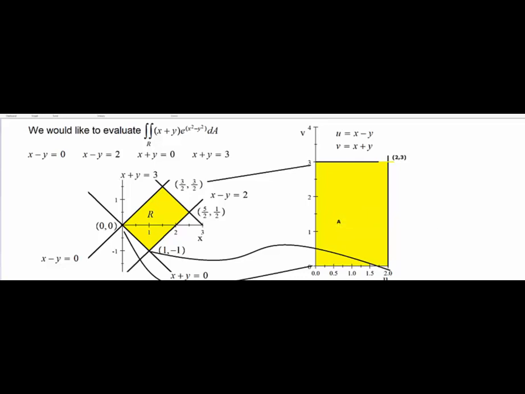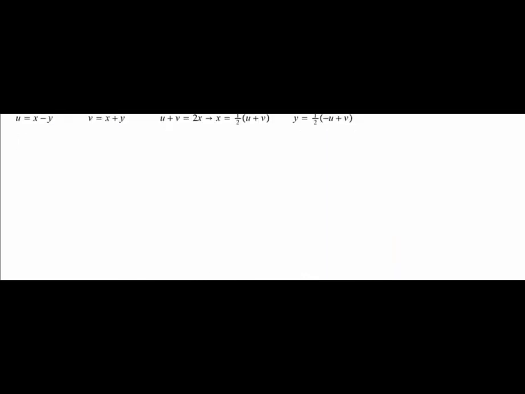Okay, then according to the transformation, this integral that we would like to evaluate, first let's factor this x squared minus y squared, because that will factor into x plus y times x minus y, which is easily visible in our example here.